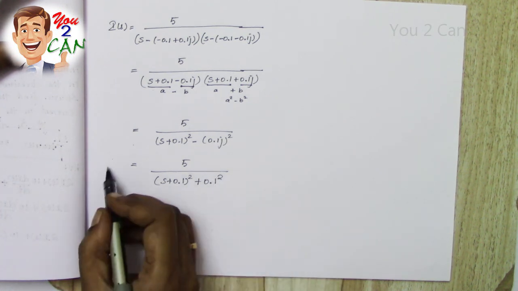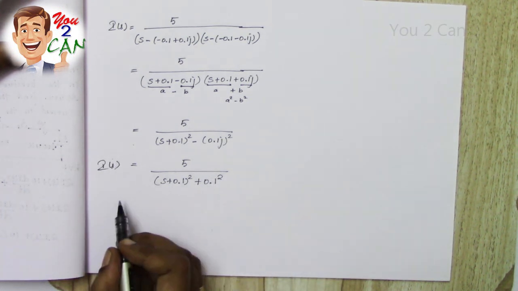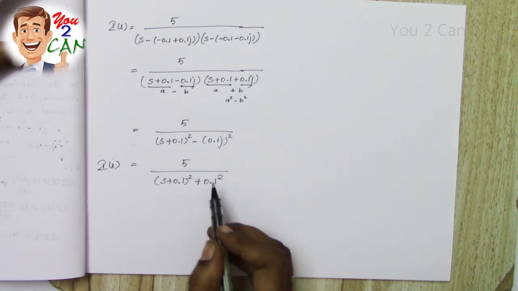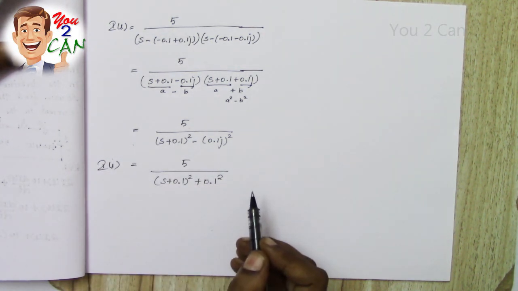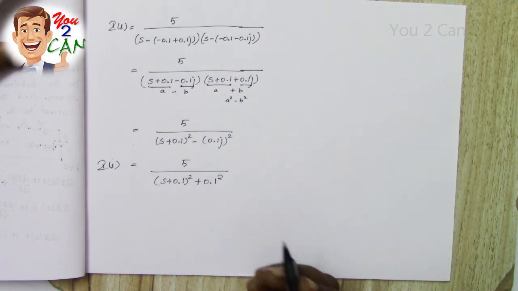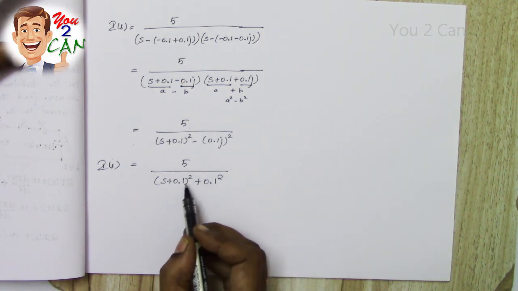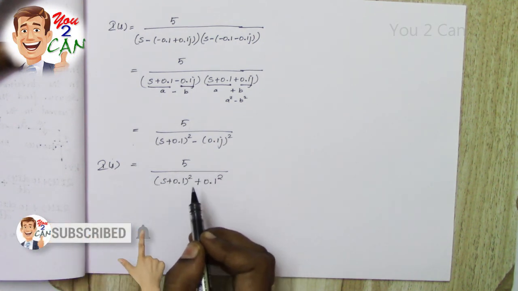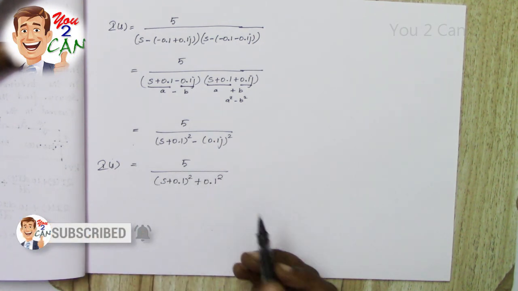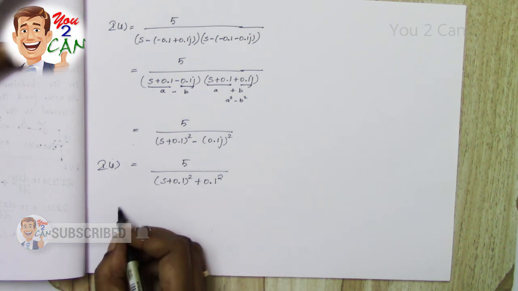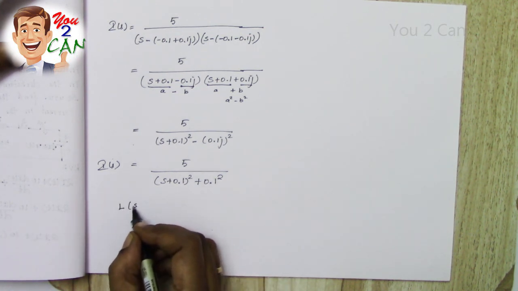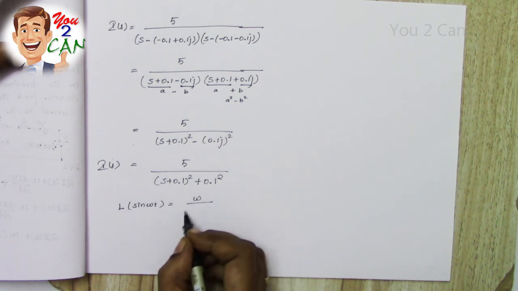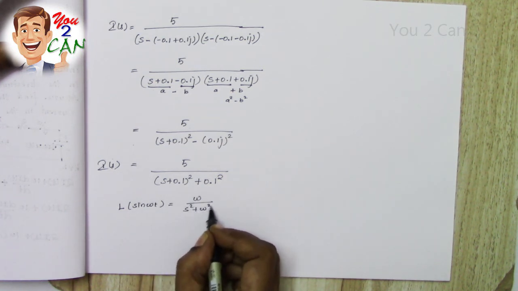Now if the term is in this form, we can directly write the Laplace inverse. We have already seen many formulas: here s squared plus something squared, if it is in the denominator, it is either sine or cos, we know. Laplace of sin omega t is omega by s squared plus omega squared.